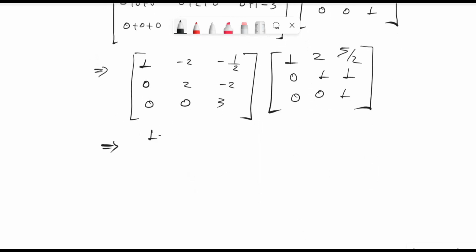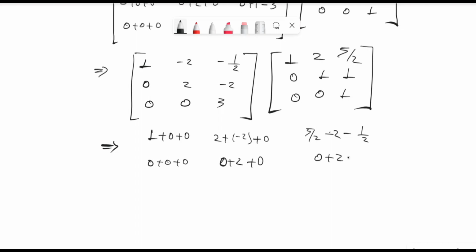That will be 1 plus 0 plus 0, 2 plus minus 2 plus 0, 5 by 2 minus 2 minus 1 by 2, then 0 plus 0 plus 0, 0 plus 2 plus 0, 0 plus 2 plus minus 2, and from the third row 0 plus 0 plus 0, 0 plus 0 plus 0, 0 plus 0 plus 3.